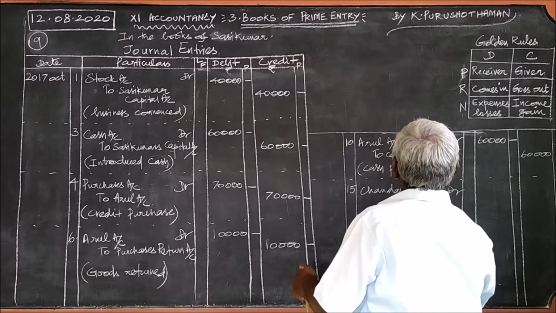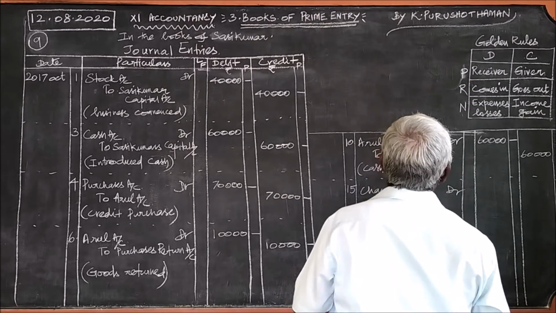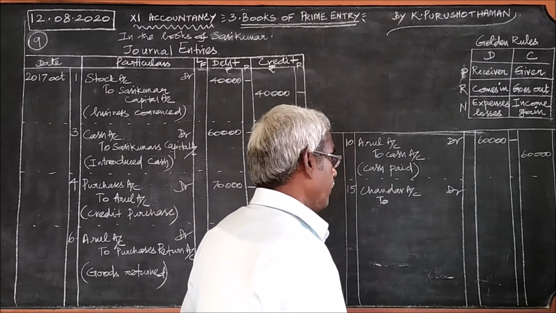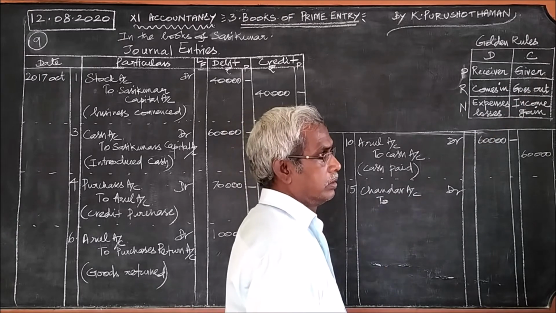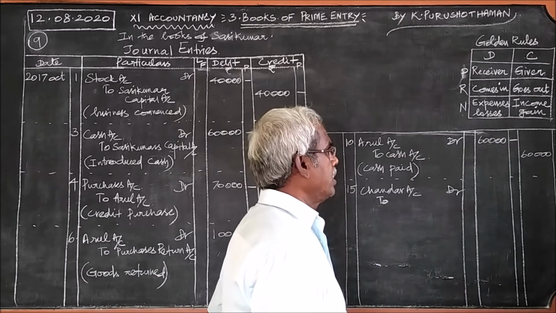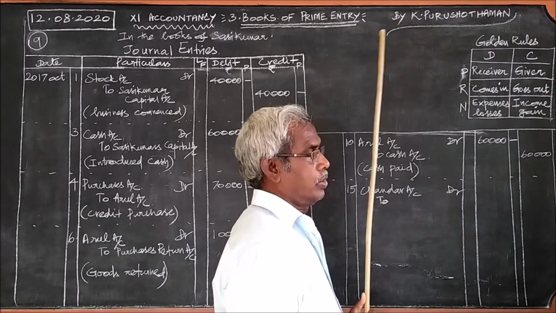Chandar account debit. To... what goes out? Cash goes out. When we sell goods, does cash go out? No. Goods go out.